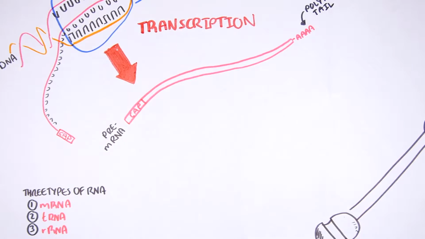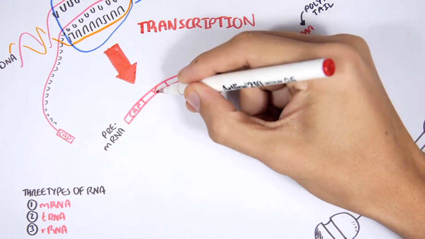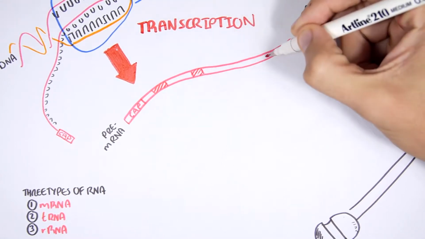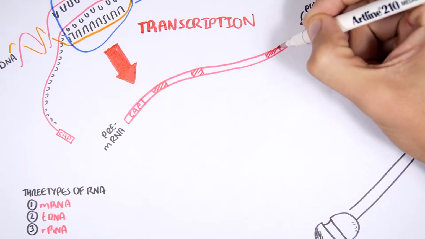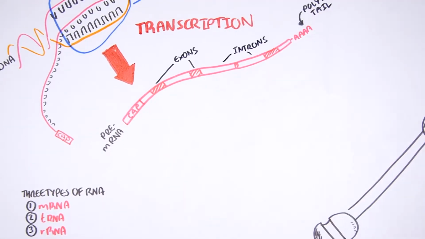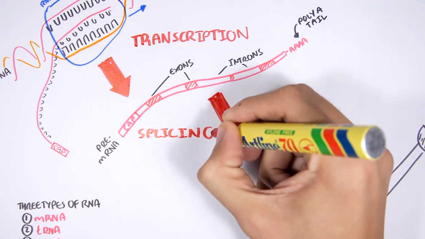The pre-messenger RNA, like all pre-RNAs, is made up of nucleotides as well. They also contain regions called introns and exons. The pre-mRNA then undergoes a process known as splicing.